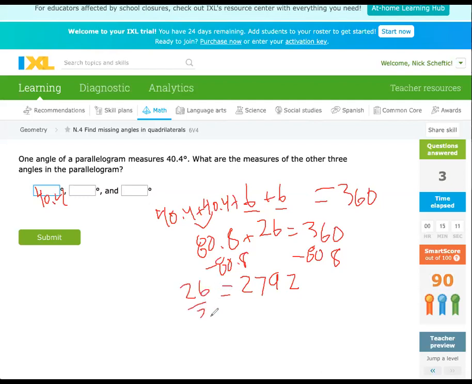Then I divide both sides by 2. Make sure you keep the decimal there, that's important. Doing that should give us b is equal to 139.6.